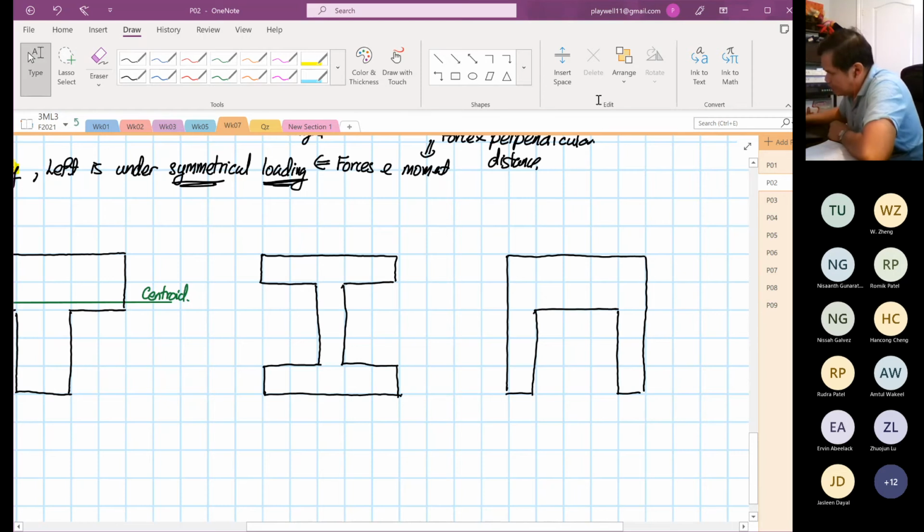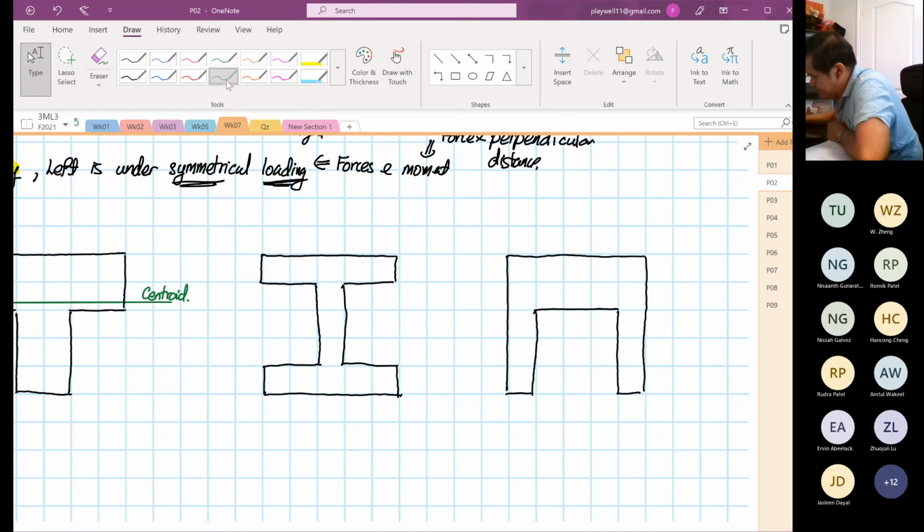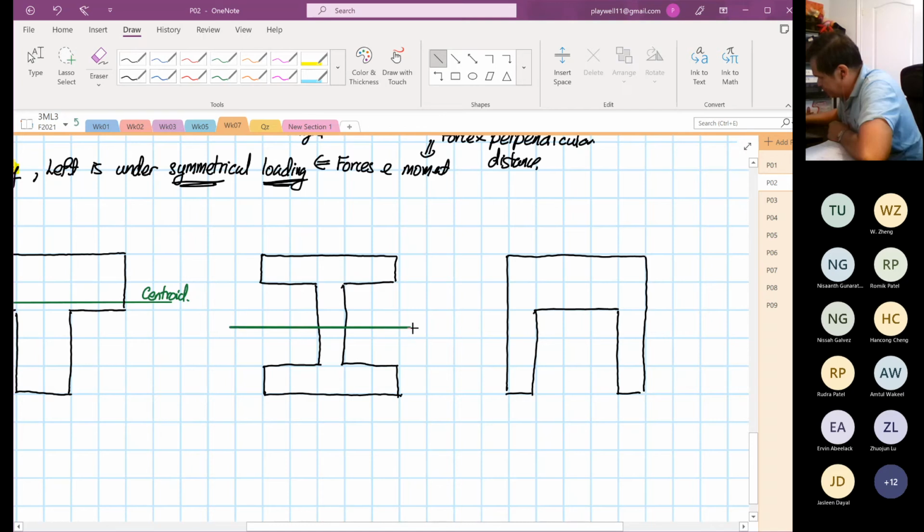Then I'm going to draw where the centroid is. So this is very obvious. This is the center. Over here is somewhere around here. So the greens are all our centroid.